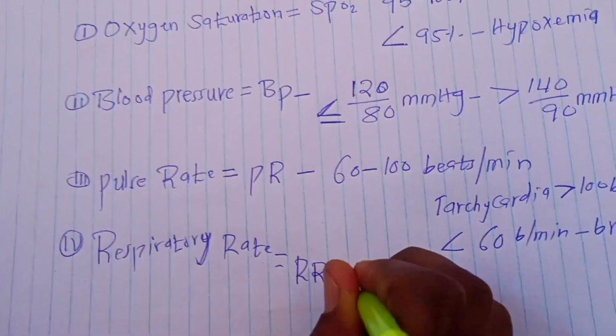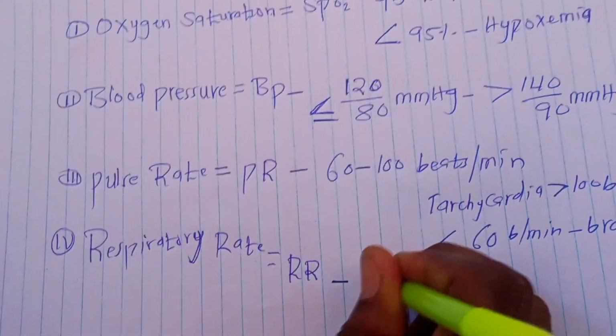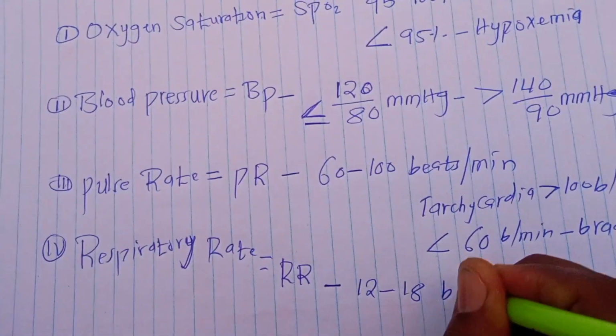A normal respiratory rate is 12 to 18 breaths per minute.